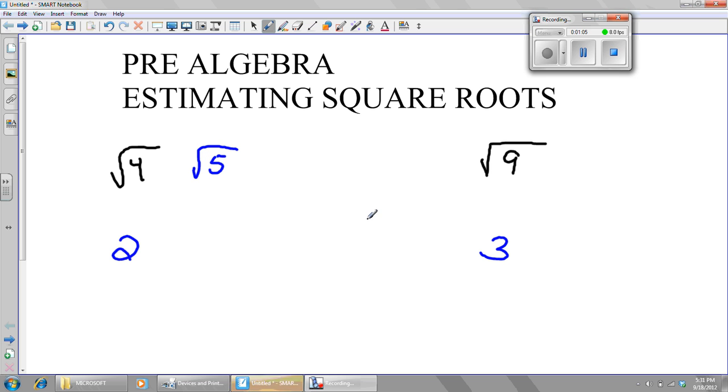Now, I know that the square root of 5 has to be between the square root of 4 and the square root of 9. But some of you will guess 2.5, and that answer just doesn't make any sense. In fact, let's think about this for a minute. Isn't there a square root of 6 and a square root of 7 and a square root of 8, all between the square root of 4 and the square root of 9?